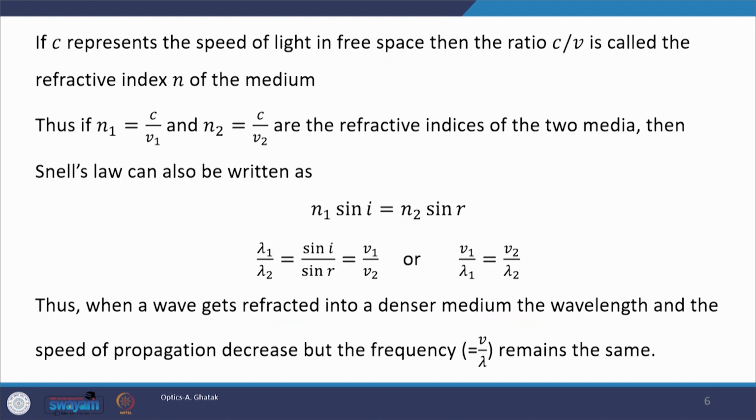Now, if c represents the speed of light in free space, then the ratio c by v is called the refractive index of the medium, n is equal to c by v, we have already discussed it. Now, since in the phenomena of refraction there are two media involved, we will have to define two indices of refraction. n1 and n2 are the refractive indices of the two media. n1 is for the first medium, n2 is for the second medium, and v1 and v2 are the corresponding velocities.